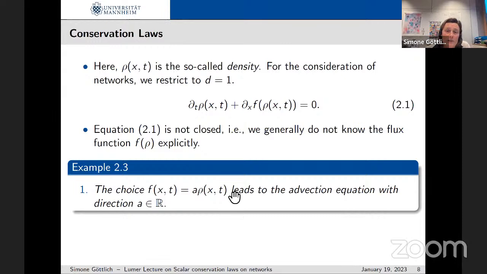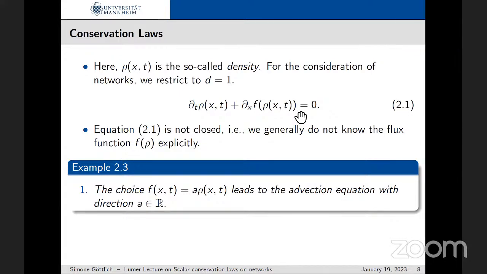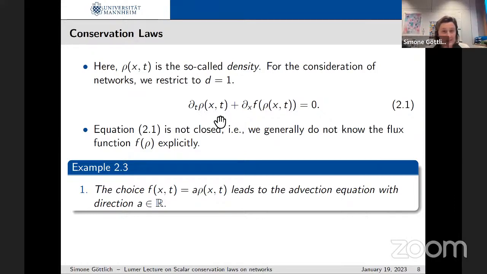Going back to this conservation law, we have a closer look at this kind of equation here. If we look at this equation, we see we have one equation for two unknowns, which are rho and f. This means that this equation is not closed, and we need to know what the relation between f and rho looks like.